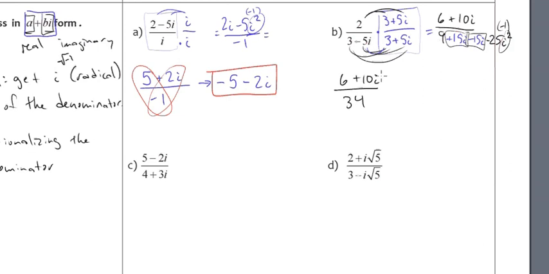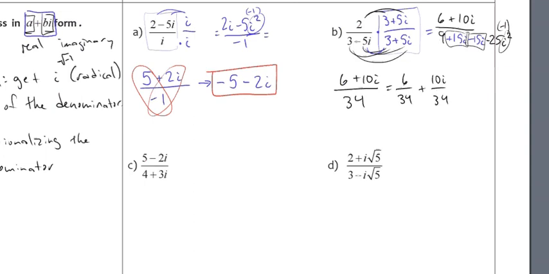Alright, and getting close here, but notice that we can simplify these out, and we're going to get, I guess, equals 6 over 34, and hey, that can reduce, plus 10i over 34.